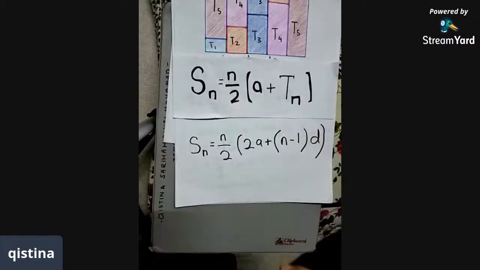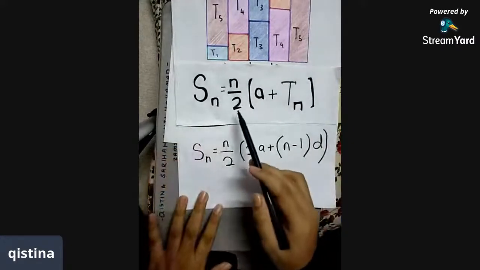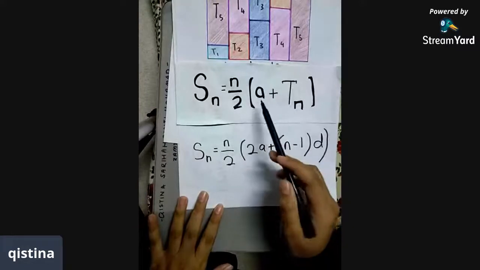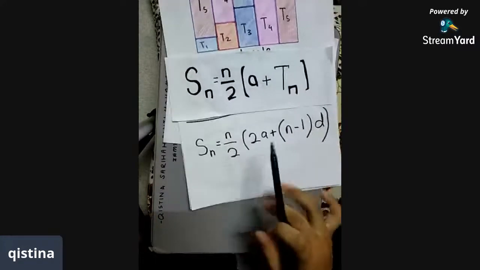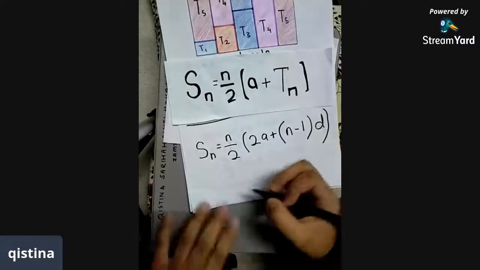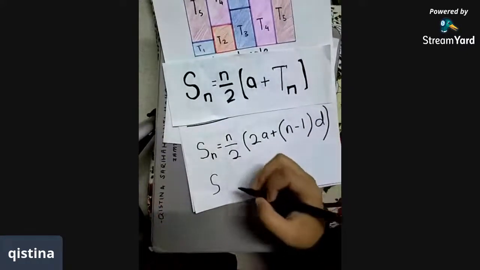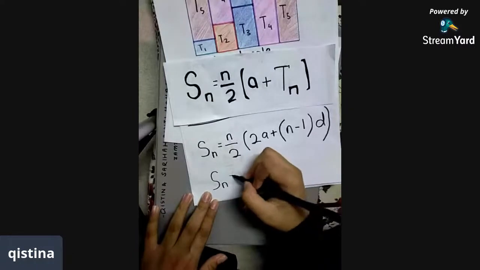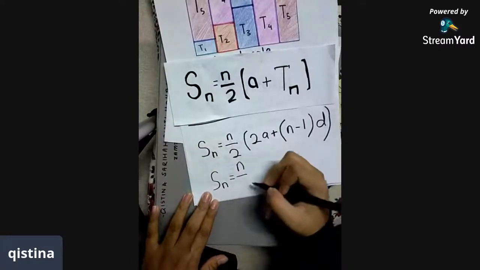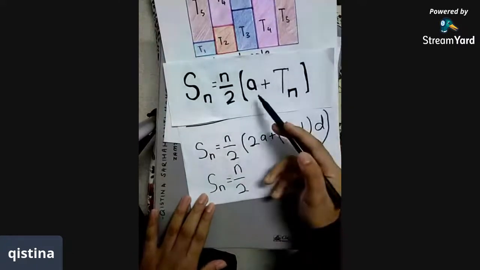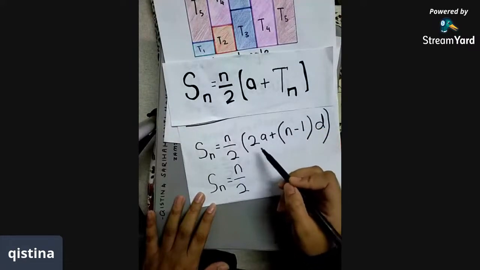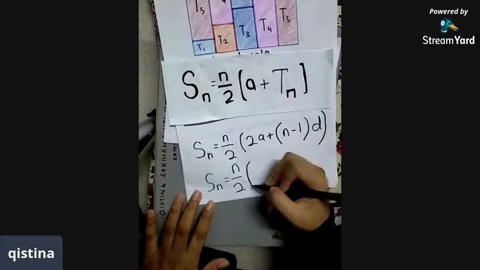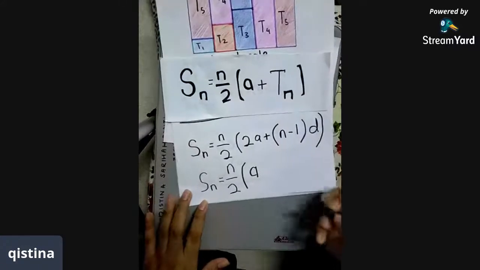Now let's compare it to the real formula, which is Sn equals n over 2 times the first term plus Tn. So here is the same Sn, equals n over 2. Here a is the first term. If I separate it from this to a, it can also be a here.